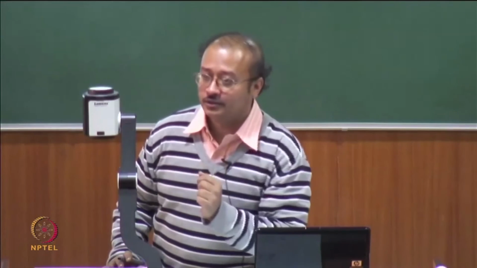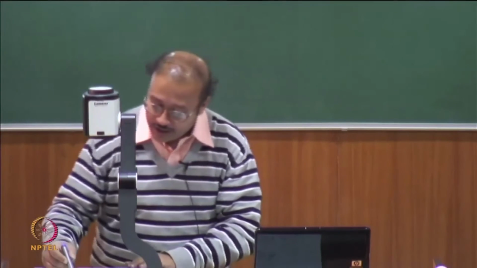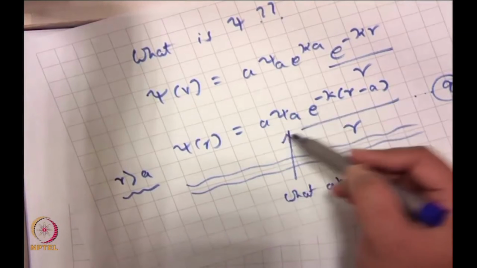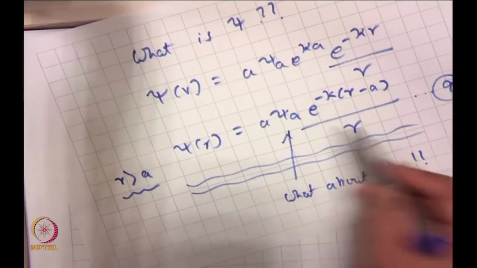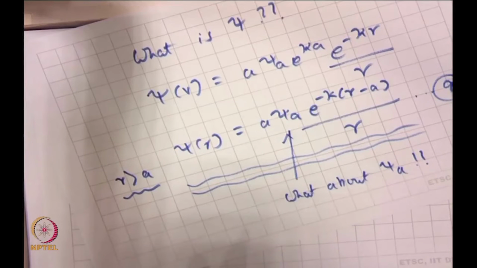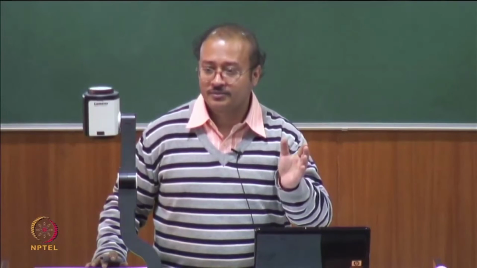Because if r is equal to a, you can see it becomes a constant. This one goes to 0, that means 1, and the a by a cancels out, you get psi of a, because psi of a is the electrostatic potential at the surface of the protein. So, r always has to be greater than a, otherwise it will not make sense.